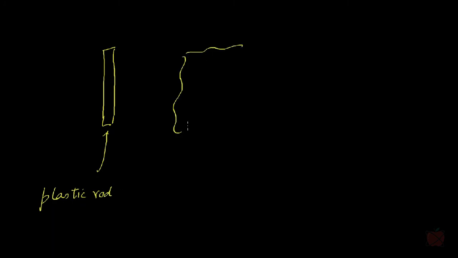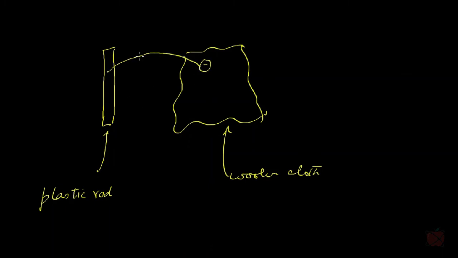Okay, so again, let's say now this is a plastic rod, and the woolen cloth. Now when you rub this woolen cloth onto the plastic rod, what happens? The electrons from the woolen cloth will go onto the plastic rod.